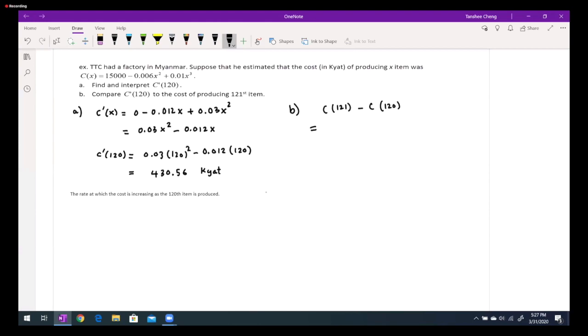So when I plug 121 into the cost function, this is the value that I got: 3,262,7.764. Minus, when I plug 120 into the cost function, this gives me 3,219,3.6. And when I subtract these two, that gives me 434.14.